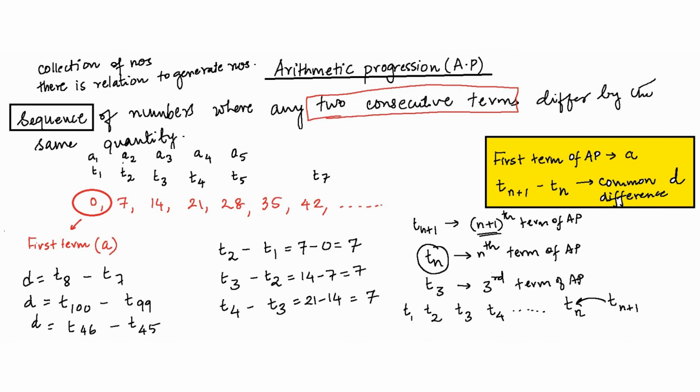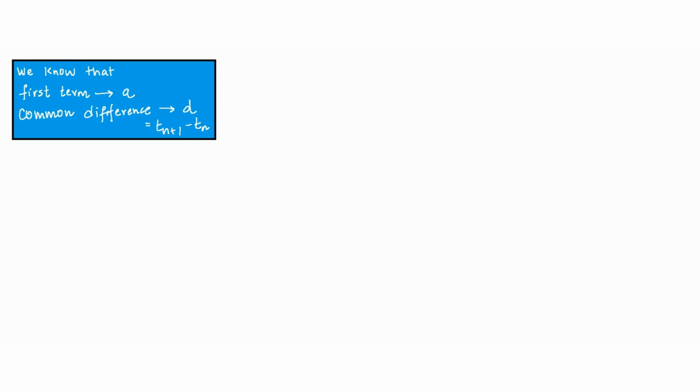Okay, so now let us understand some more important terms in AP. So we know that the first term is represented by the letter A and the common difference is represented by the letter D. So now I know that the first term is A. Now I want to find, is there a way that I can find the second term?